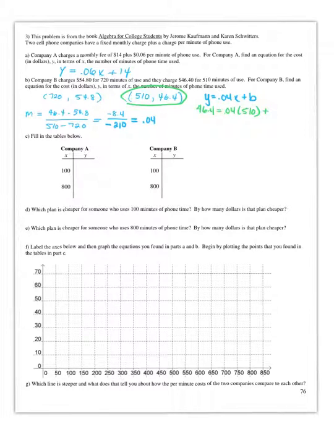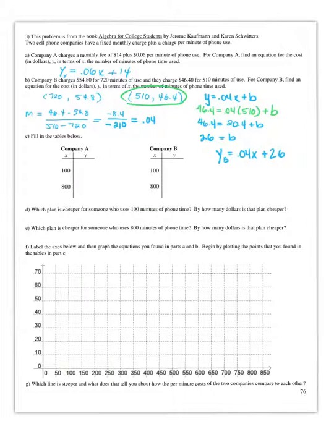Once we find our b, we can put all the information together to write an equation for company B. So the equation for company B will be 0.04x plus $26.